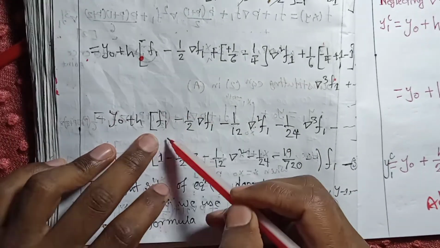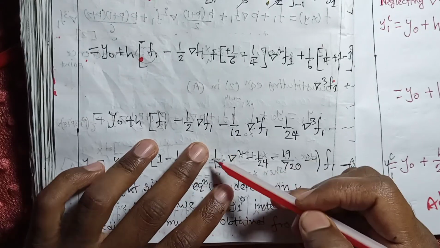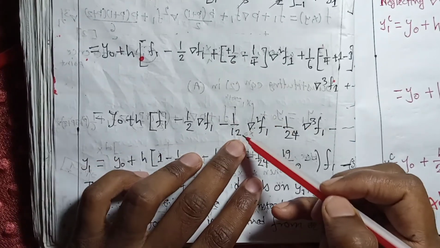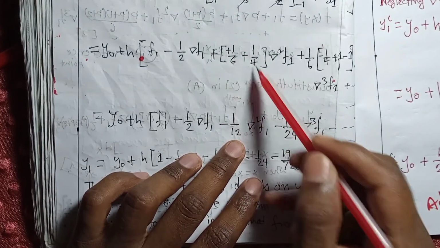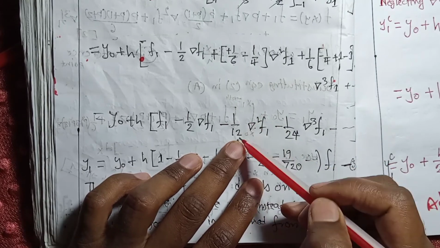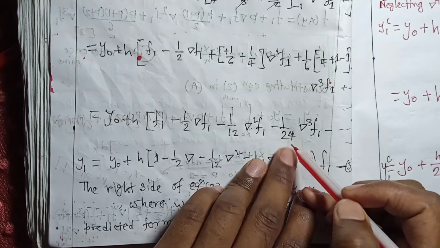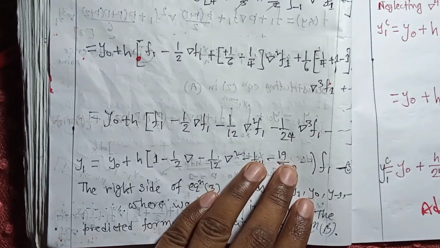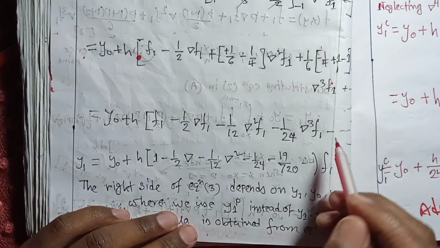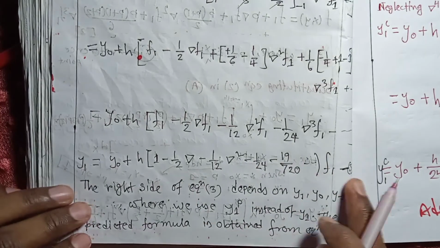Now y0 plus h times f1 minus half nabla f1 minus, 1 upon 6 minus 1 upon 4 is nothing but minus 1 upon 12 nabla squared f1, and here minus 1 upon 24 nabla cubed f1, and similarly.